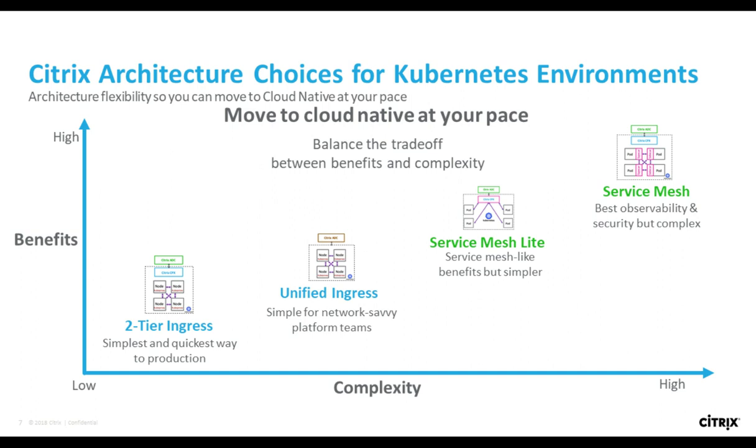North Star for emerging architectures is service mesh on the rightmost upper corner. That gives you the best observability, best security, best or most advanced traffic management capabilities between various microservices, but it is also the most complex.